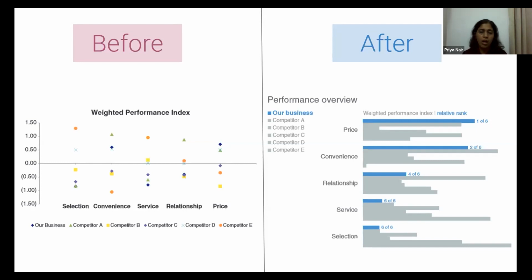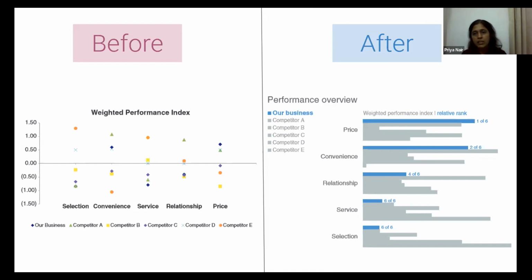They just need to know how you are performing compared to your competitors, how much better you are performing than your competitors in each of these categories. They are not interested in knowing the exact value, right?